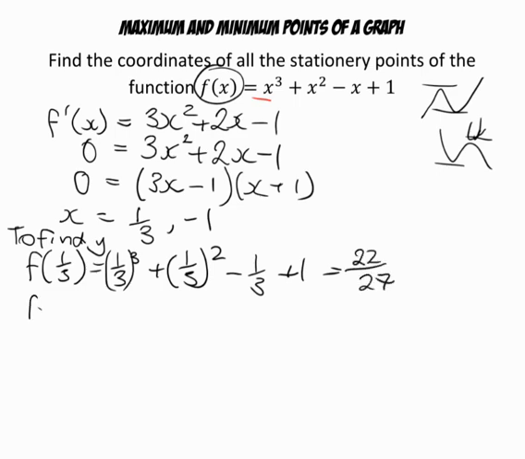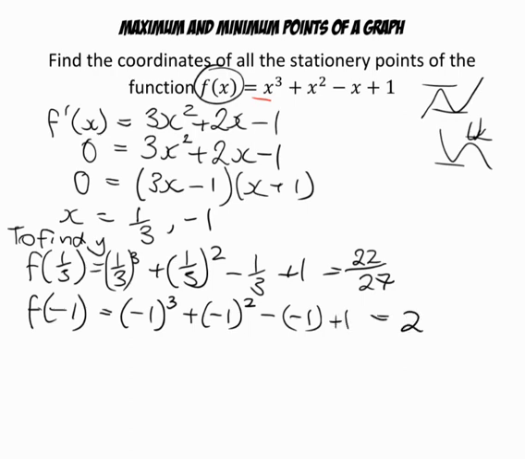Okay, if you put negative 1 into it, of course you make all the brackets around. I just get into the habit of putting brackets around it anyway. So minus negative 1, and that value therefore is 2. So our two values therefore are 1/3 and 22 over 27, you might have it as a decimal, and negative 1 and 2.